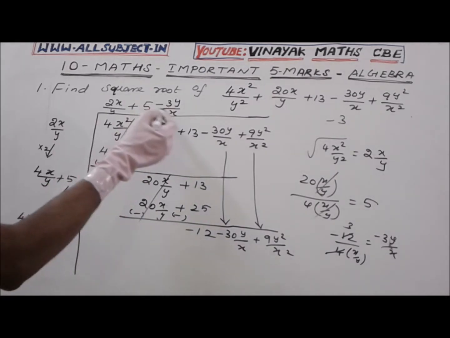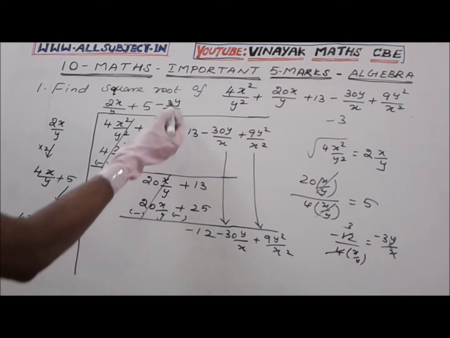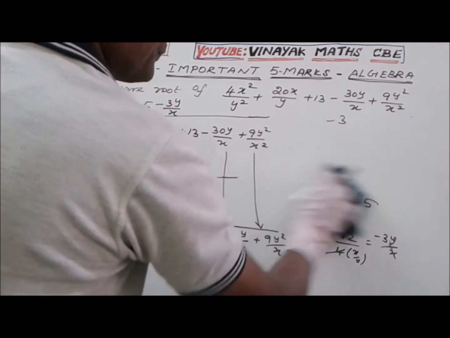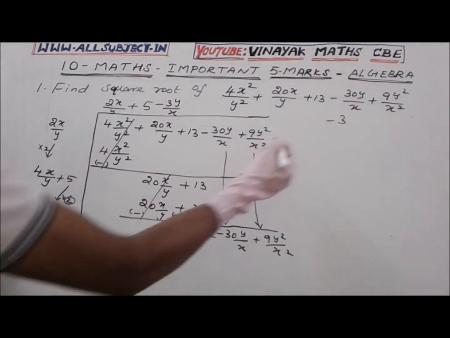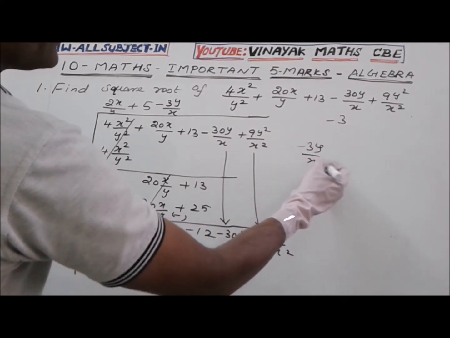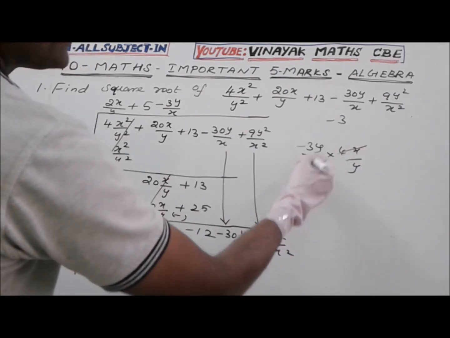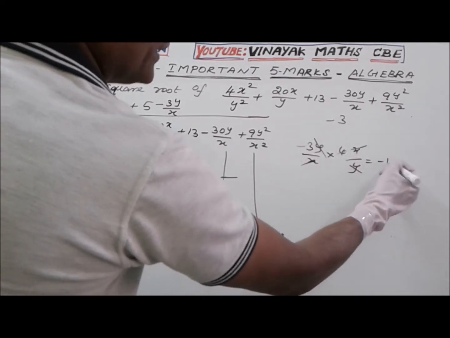Now multiply by minus 3y by x into these three terms, and writing here multiplying by minus 3y by x into 4x by y minus the product of. Multiply these two terms first, minus 3y by x into 4x by y, x cancels, y cancels. Here 4 into minus 3 equals minus 12.